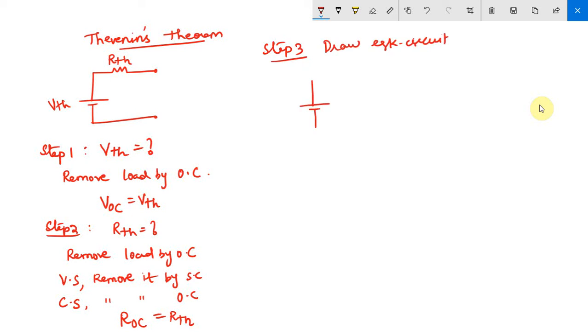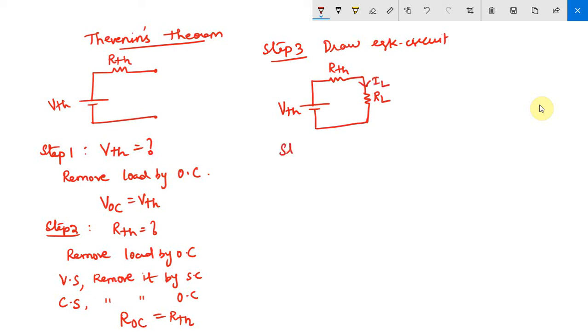Then step 3, we need to draw the equivalent circuit. As per the statement, we will have VTH in series with RTH, connected to a load resistance called RL, and the current flowing through this load resistance is IL.